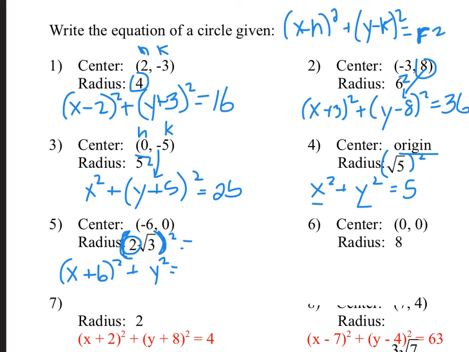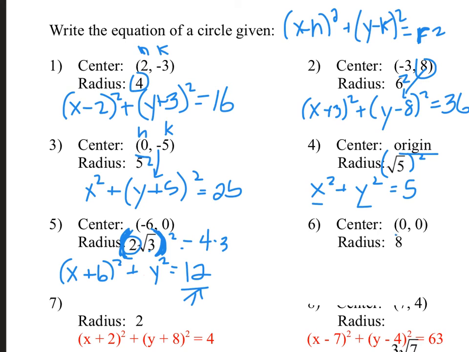So when I square a 2, I get 4. And when I square a radical 3, I just get plain old 3. So this is going to be 12. And we just did an example like that on the last page where 12 was sitting here, and when we reduced it, it was 2 radical 3. So you can just check that out. Just make sure if you do this, you have parentheses around the big thing.